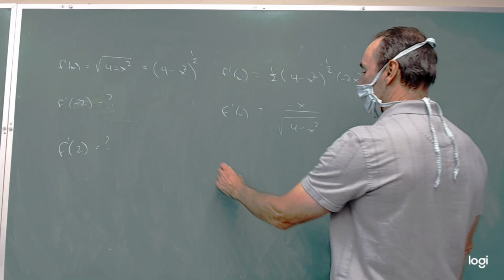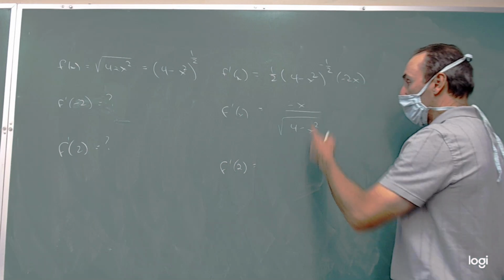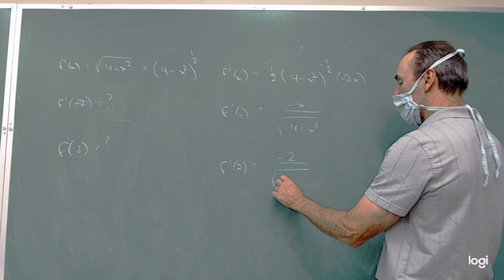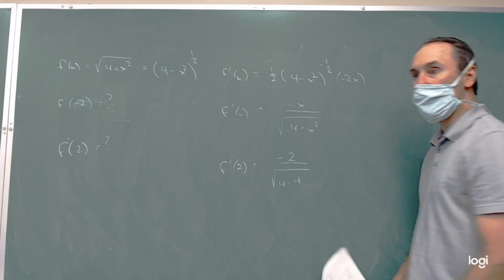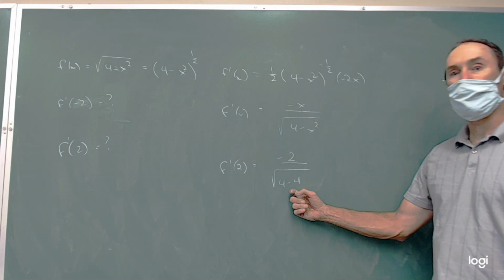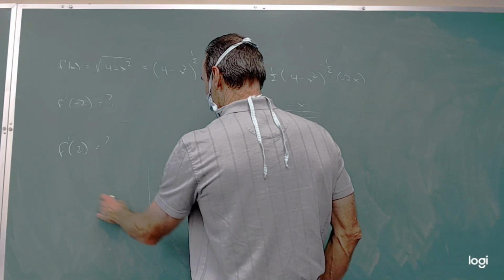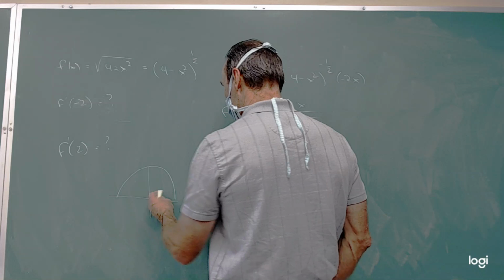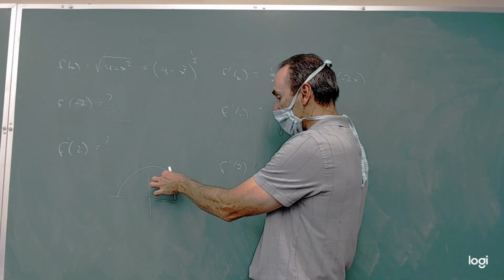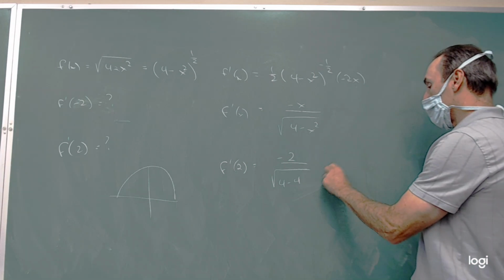So what is f prime of 2? Well, you're going to plug in 2, and we're not really doing the limit, but I think we can see what's going to happen. You can see it's going to be a negative 2 on top, but the denominator is going to get really, really small. In our semicircle, as we look at the slopes of the tangent line, that's going to go straight vertical there, which means it's not going to exist.